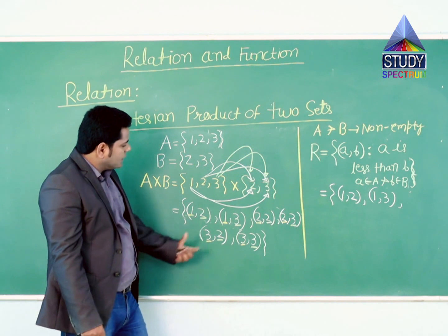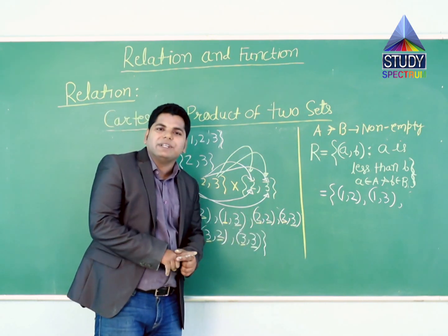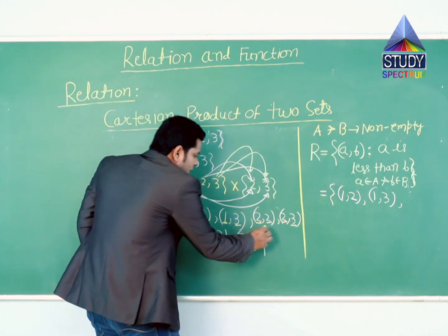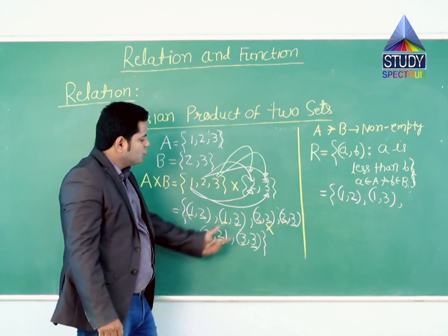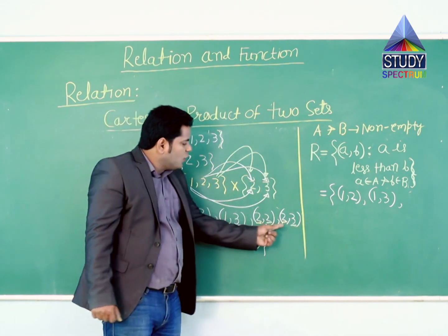Now come to the third order pair, 2, 2. Here the first component and second component are equal to each other, so this will not come under this relation. So 2, 2 will not come under this relation. Now come to 2, 3.